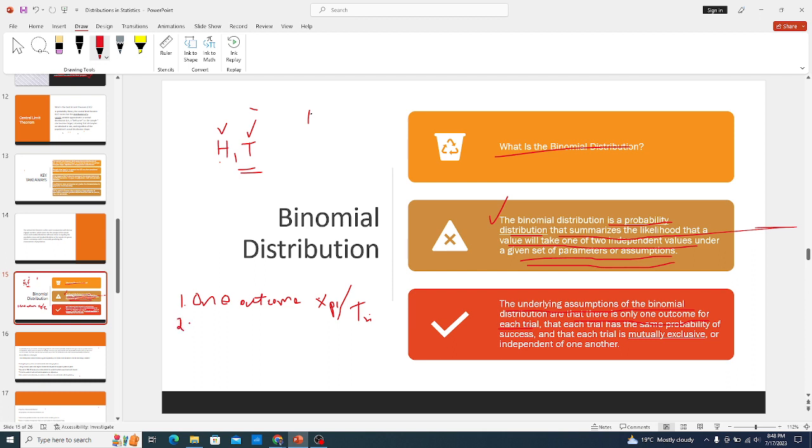The second assumption is that each trial has the same probability of success. The outcomes will be 50-50, that is a half, for example in the case of tossing a coin.